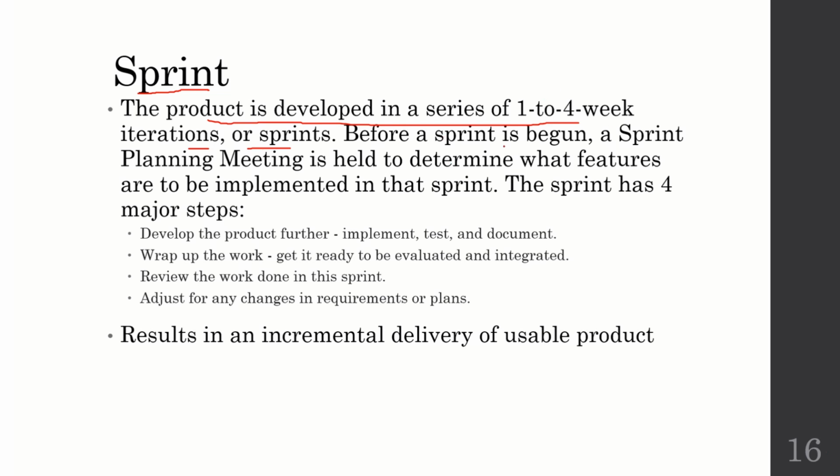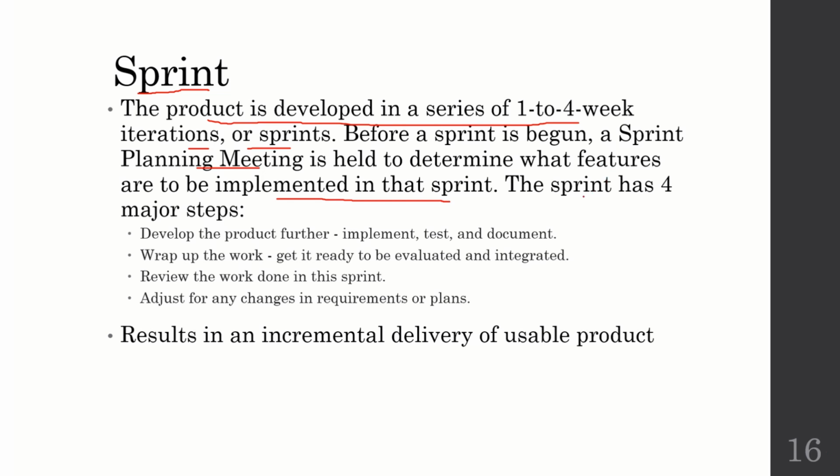Before a sprint begins, a sprint planning meeting is held to determine what features are to be implemented in that sprint. A very important aspect, and it requires technical skill, is finding the set of requirements that should be established in the early sprint periods and then the later ones.